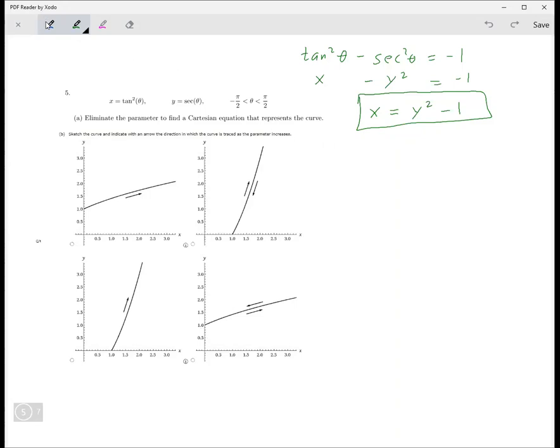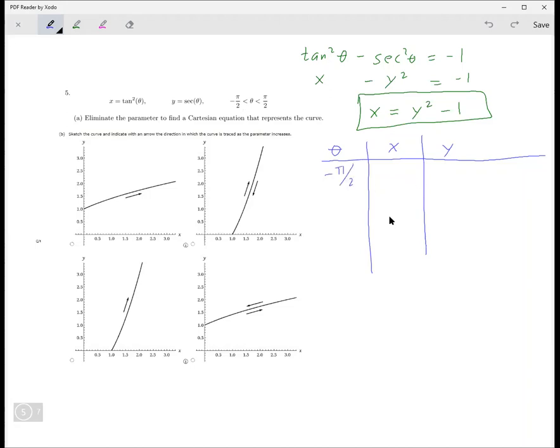Let's try to figure out which one it is. So for part B, again, this time theta is the parameter. So let's use some values here. It starts at -π/2, so let's start there.